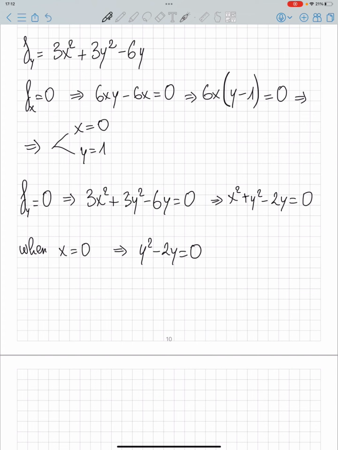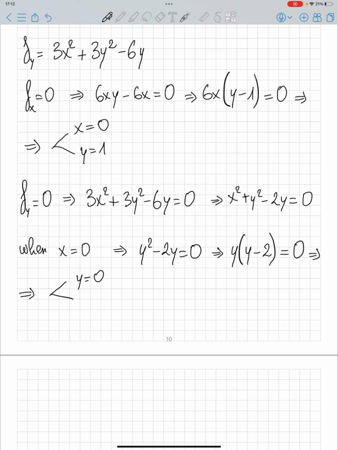This is when x is equal to 0, right? This implies if we factor, because we have y on both terms, so if we factor out y, we're gonna have y times y minus 2 is equal to 0, and this implies that y is equal to 0 and y minus 2 is equal to 0, right?